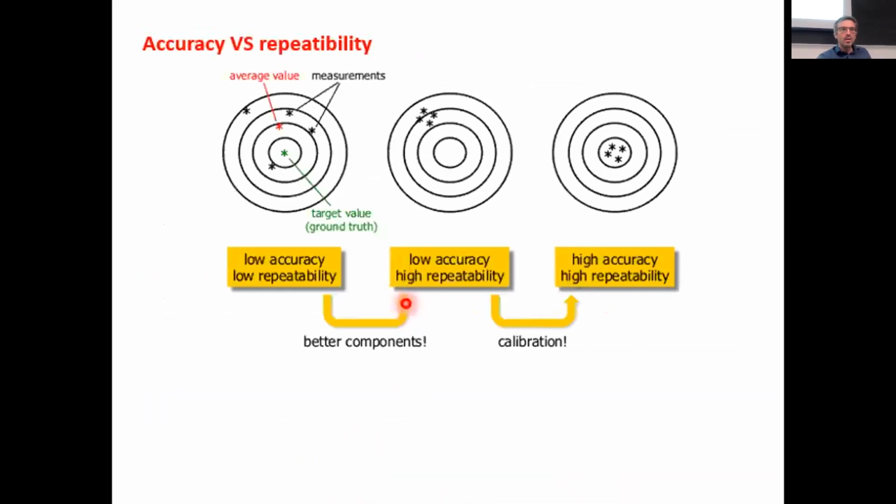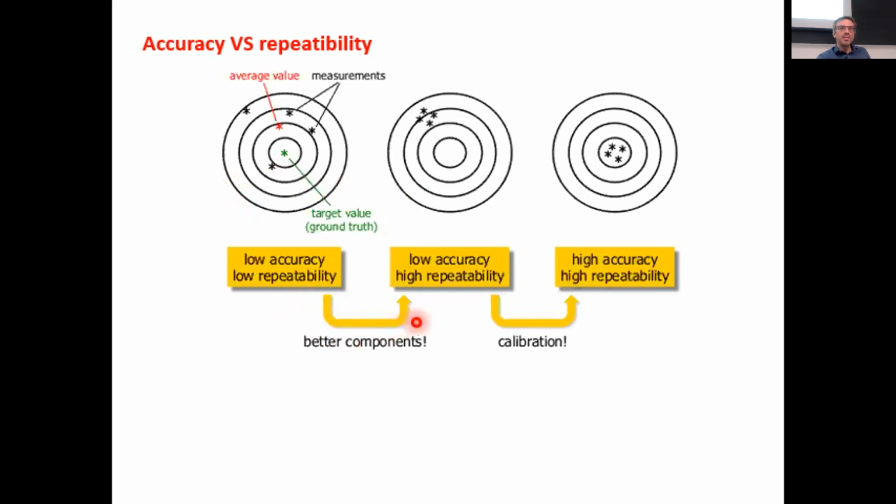If you look at this, on the left you have the ground truth value in the middle, and your measures are spread around. So you have low accuracy and low repeatability. Let's say we want to improve repeatability by improving the components.